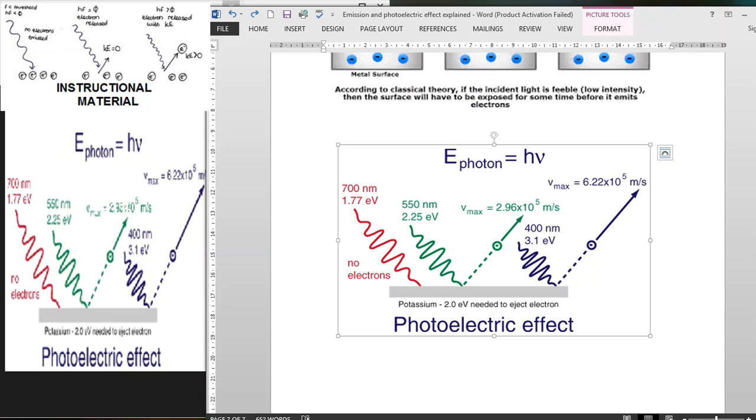While when blue light falls on a metal surface, you can see that the speed is higher. Electrons are emitted at 6.22 times 10 raised to power 5 meters per second. So this is how we can compare the different kinds of light. The blue light gives better emission than the red light, which gives no emission.